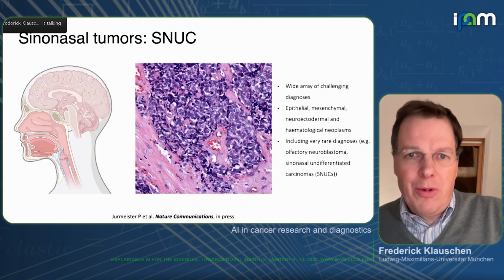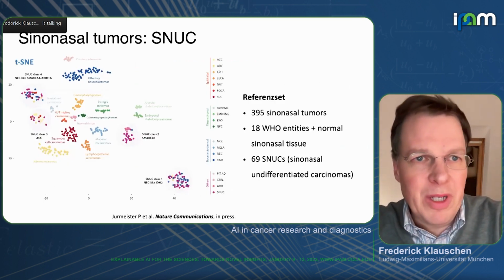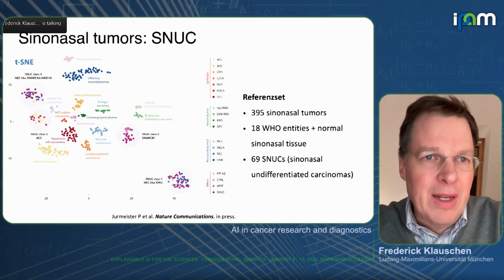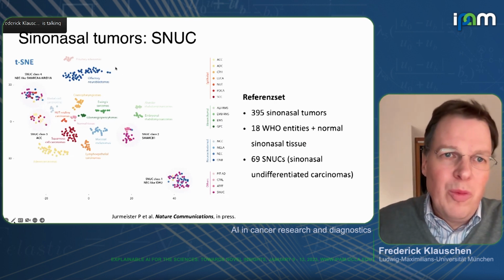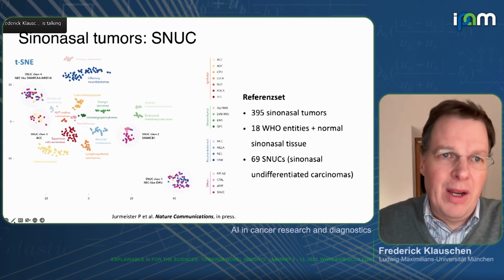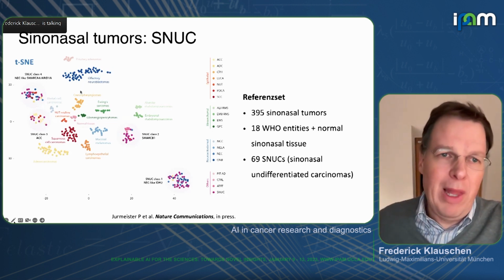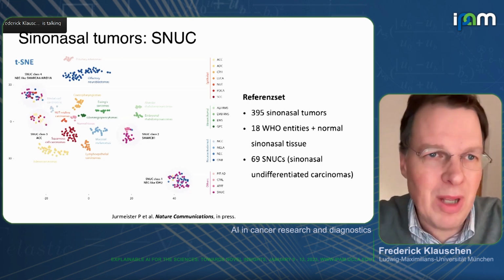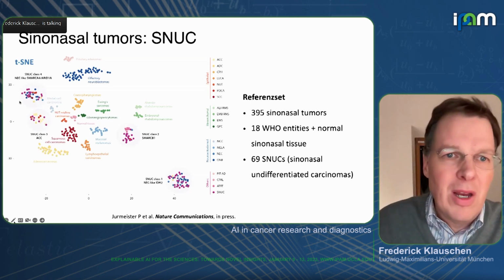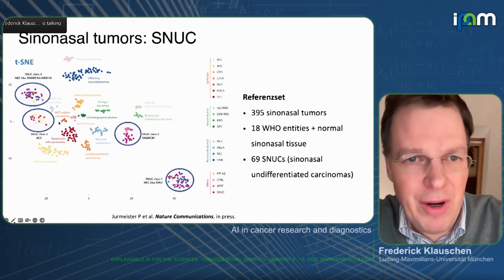We applied a similar approach using DNA methylation, and you can see that it already clusters the tumors according to their conventional diagnosis. You see the same colors here. Clustering means that the methylation clustering is consistent with the conventional diagnostic approach, but then you see certain clusters where the colors are very mixed, right?